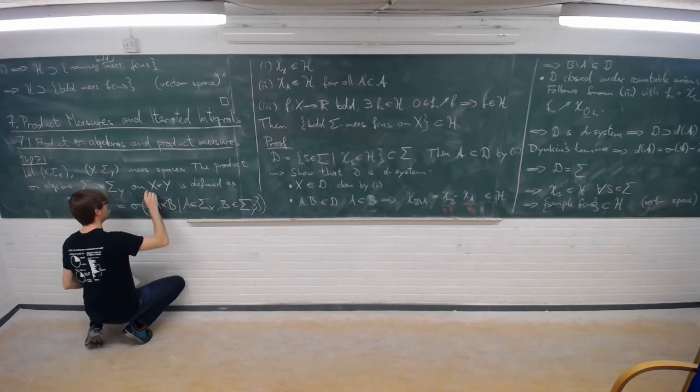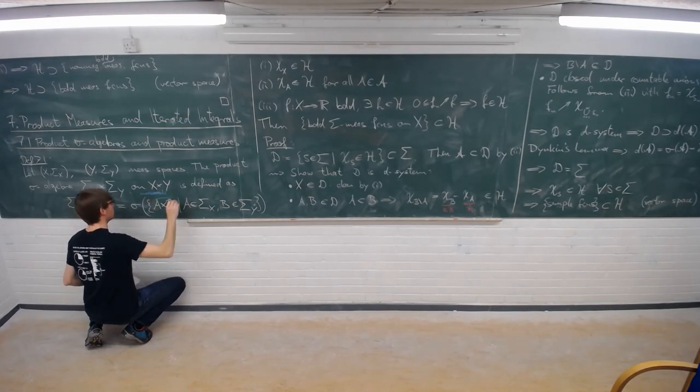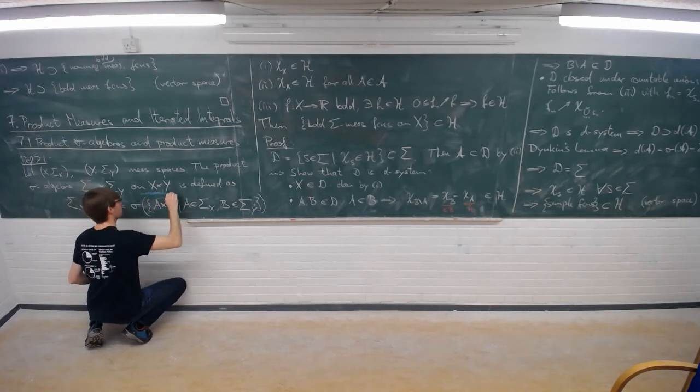These products A times B are sometimes called measurable rectangles.